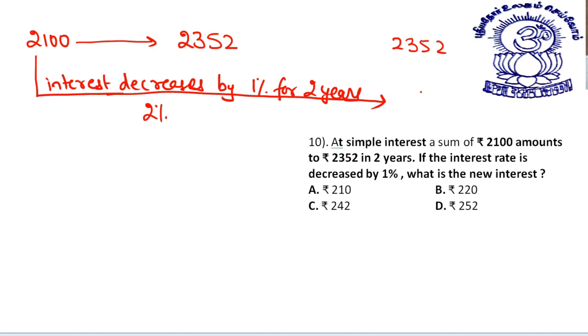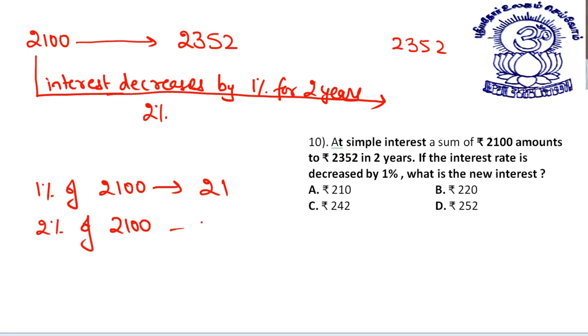See, 1% of 2100 means how much? 21. So 2% of 2100 will be what? 42. This is the decrease. So what is my new amount? 2310 is the new amount.